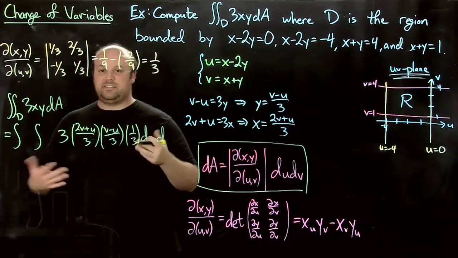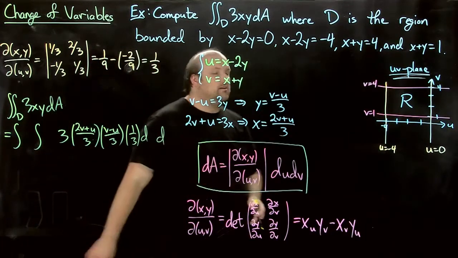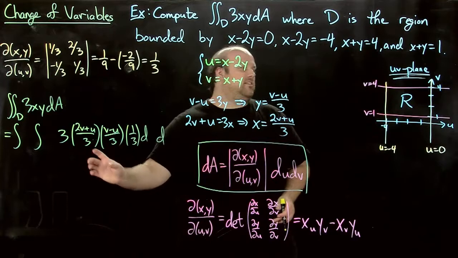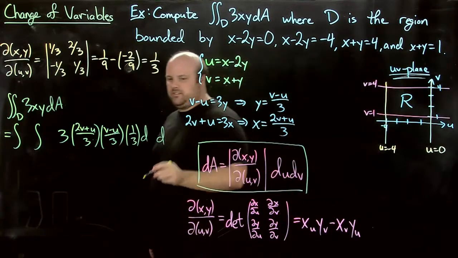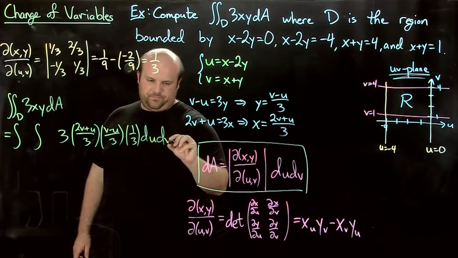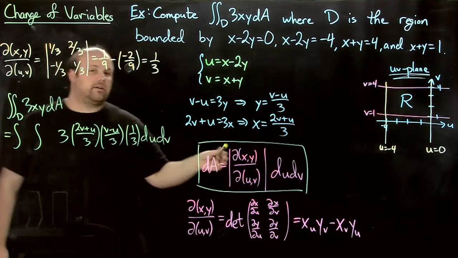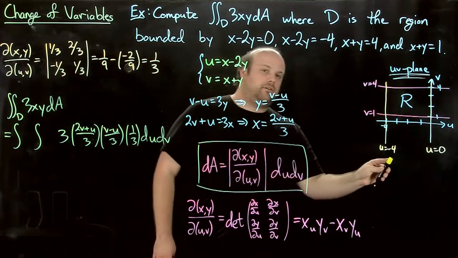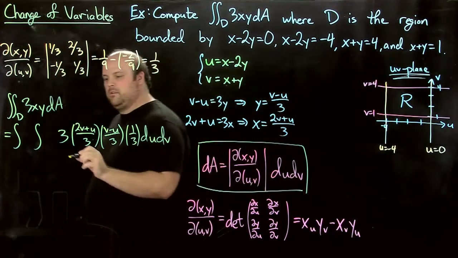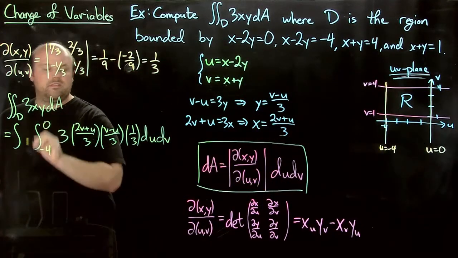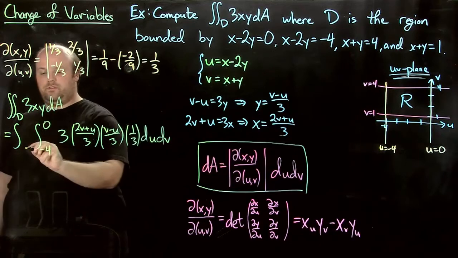And then we get to decide du or dv. Well, nothing here is particularly bad. This is a nice rectangle, so let's just say du dv. Right? So u goes from negative 4 to 0. Right? V goes from 1 to 4.